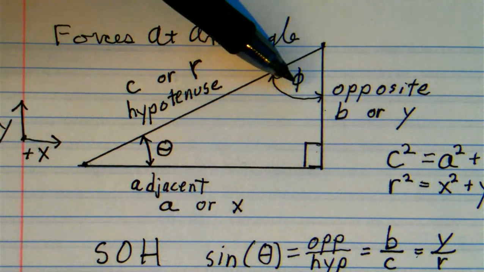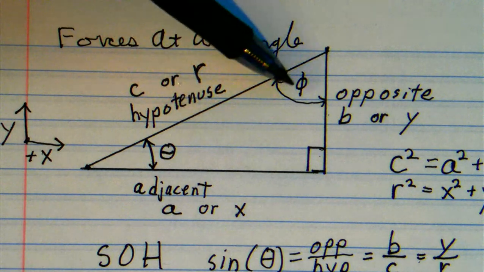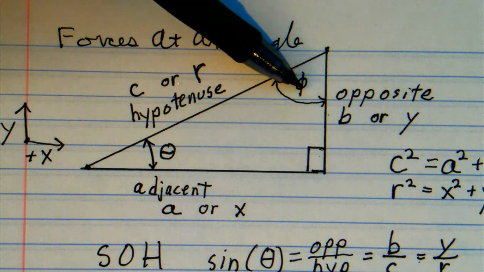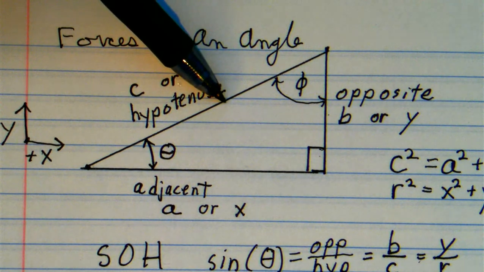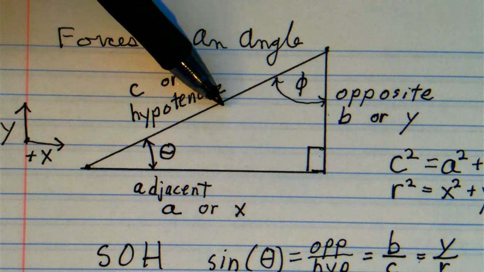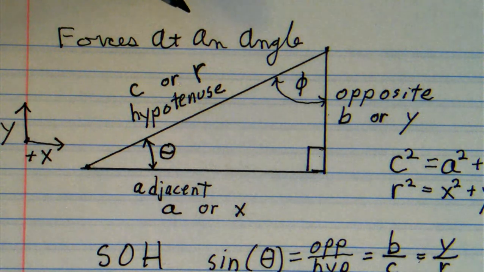The sine of phi is 12 divided by 13. The cosine of phi is 5 divided by 13. So yeah, it matters which order you enter them into your calculator.